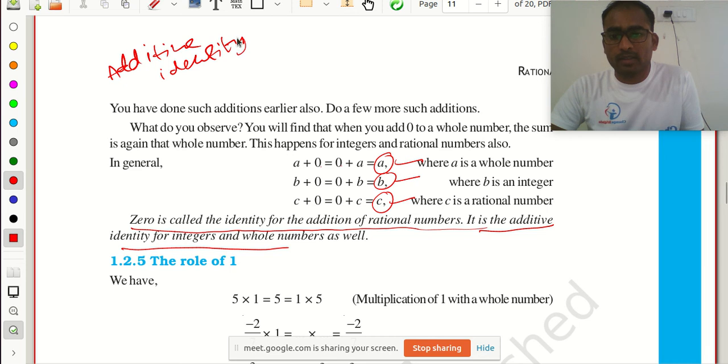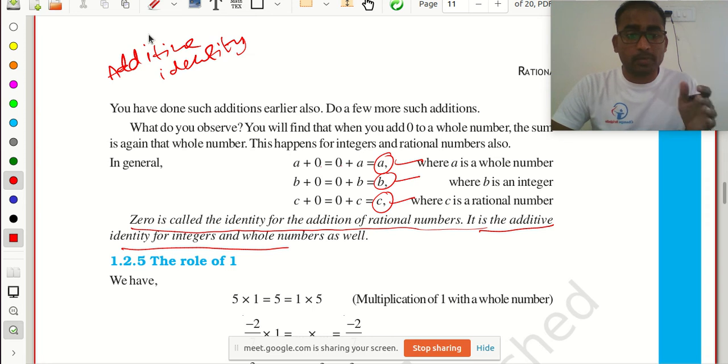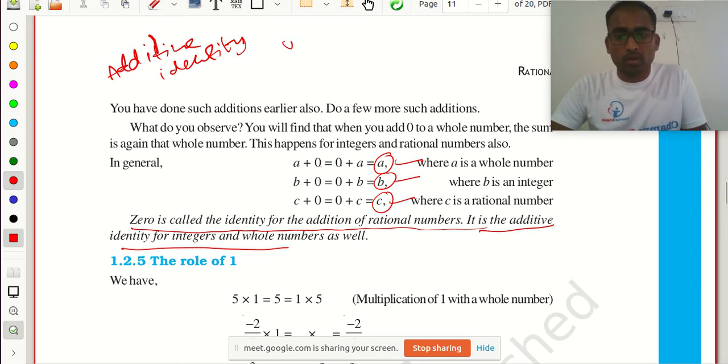If I add something to my integer, whole number or rational number and the answer is the same, that is known as an additive identity. After adding 0 only, my answer is the same. So I can say 0 is the additive identity.